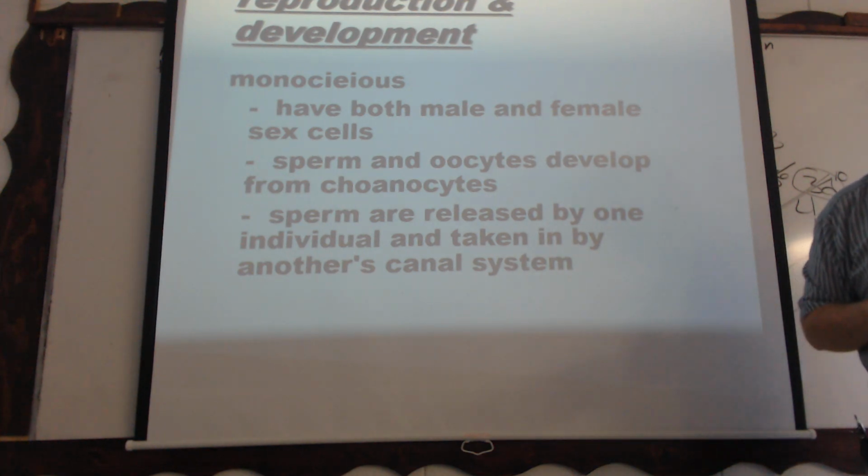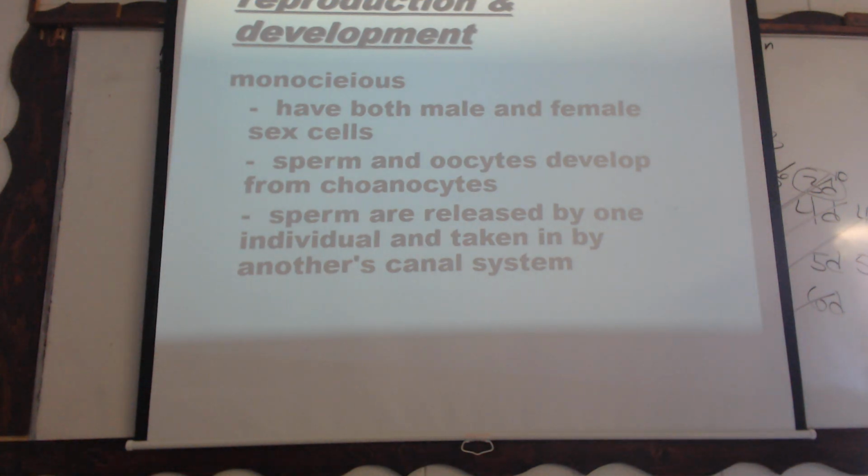When we think of these simple animals, we really believe that as far as reproduction is concerned, they might be clones of one another. Well, I would believe that they can.